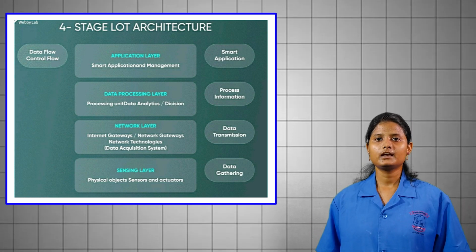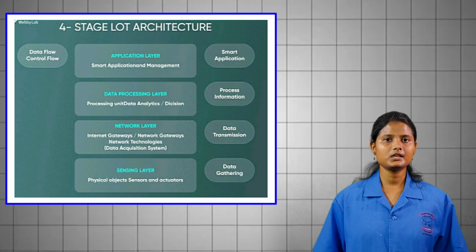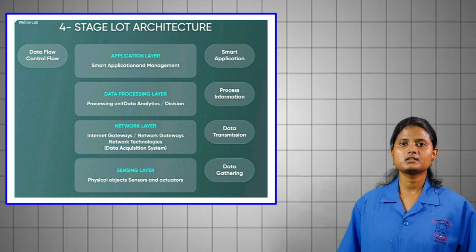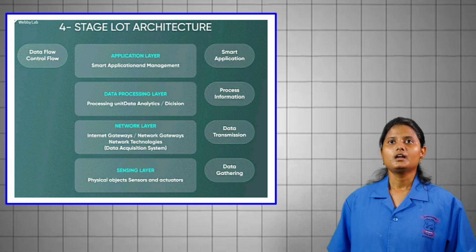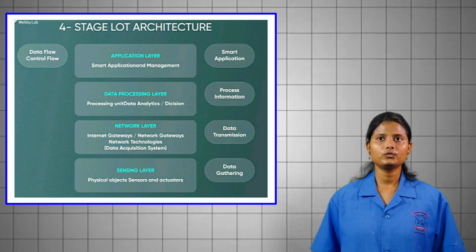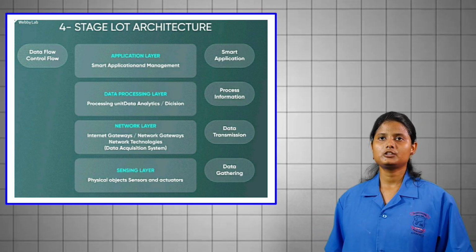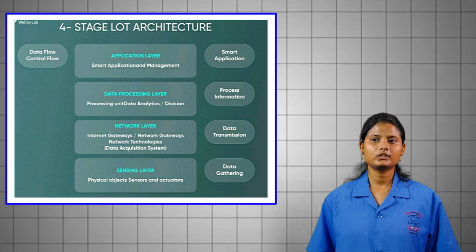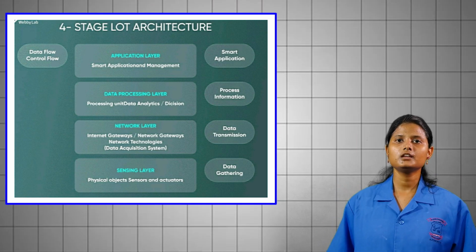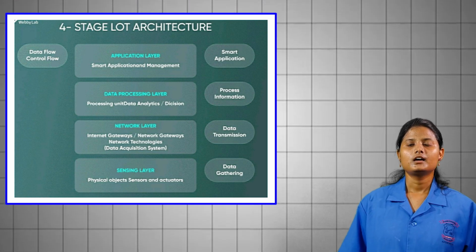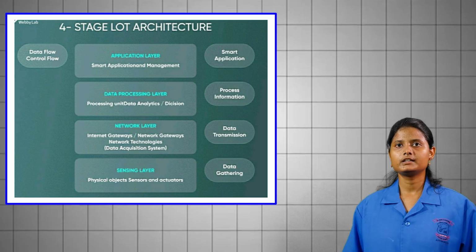It processes the data, stores it in an SQL database, and gives the output to communication devices. Network layer: internet gateway and network technologies. Through the internet, network technologies are used in IoT for all the devices to communicate all over the world.